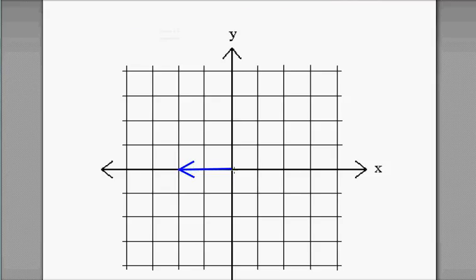I'm not going to fall for that trick again. Second vector is going to be 4 this way. So, add these two vectors together and tell me the angle. Find the angle.